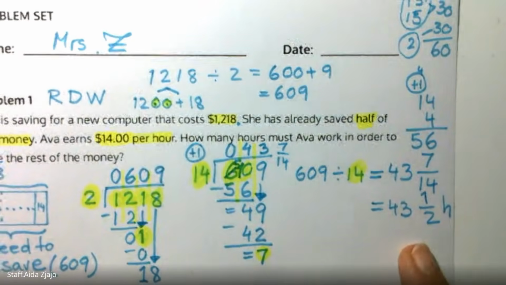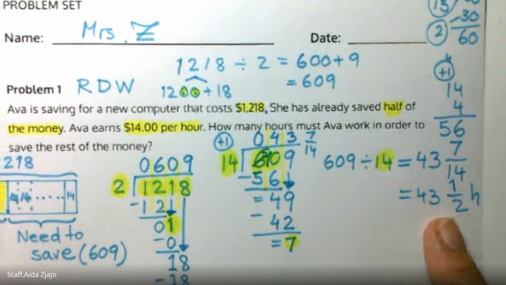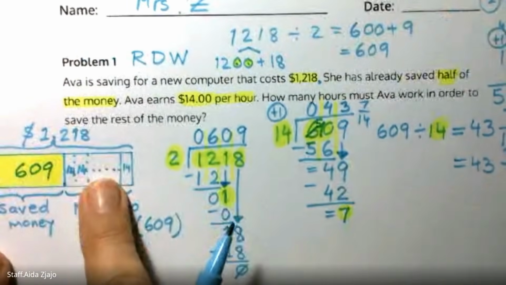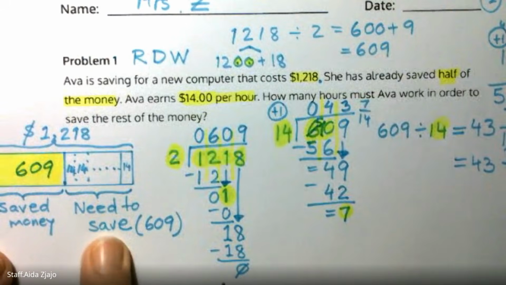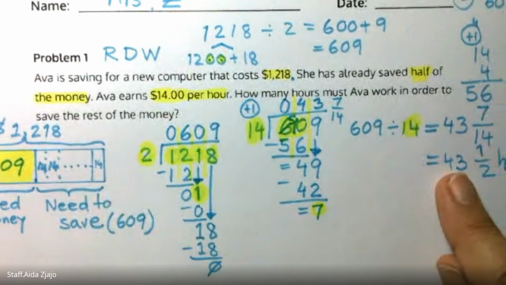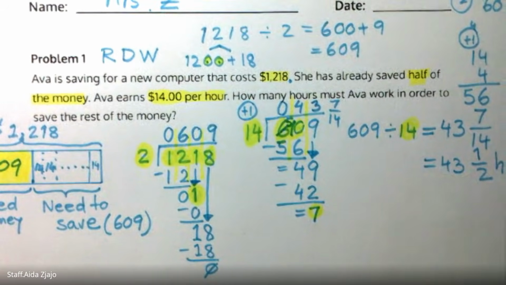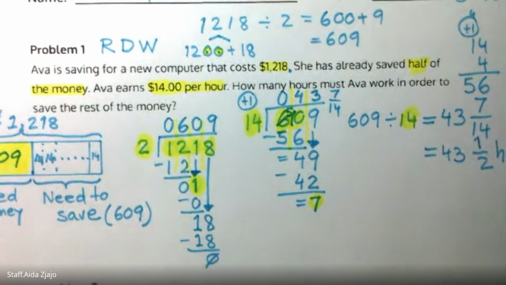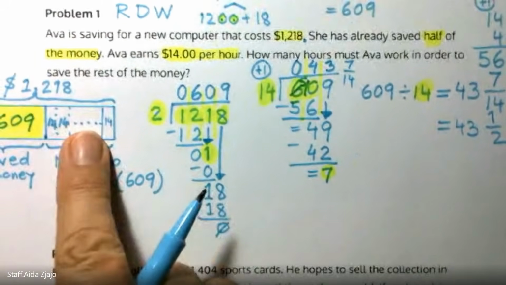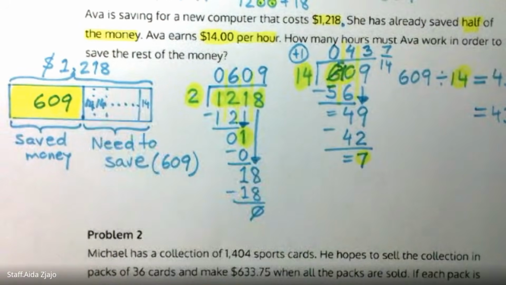And that is how many hours she needs to work, because we divide half of the money that she needs to save into groups of 14, and we find there are 43 groups, so she needs to do 43 hours and a half more hour to gain $609 for other half for her computer.